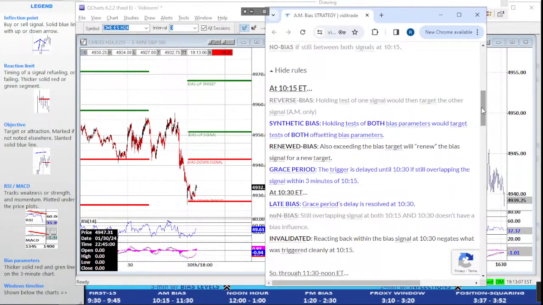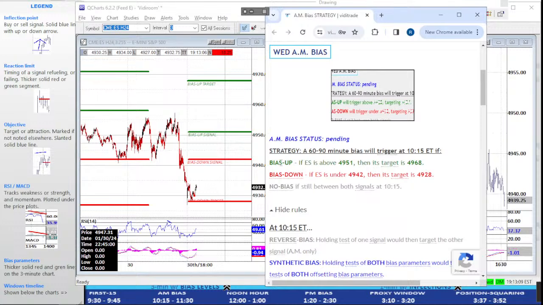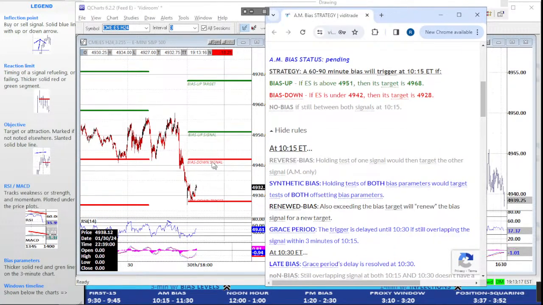There's rules. It's not just the bias up, triggering bias up, targeting the bias up target. There's also interesting behaviors through the first 15 minutes, through the first 45 minutes that can give us even greater insight. It's very rare, actually, that the bias will trigger bias up or bias down.